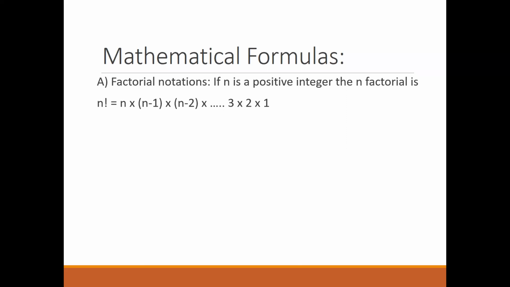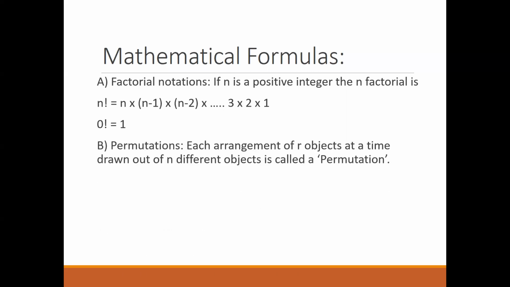So those who do not know, please note it down somewhere. If I tell you to find the factorial of 3, it will be simply 3 multiplied by 2 multiplied by 1. Clear? So factorials are not that difficult. It's just simple multiplication. You have to start with the number given to you up to 1 and find the product.